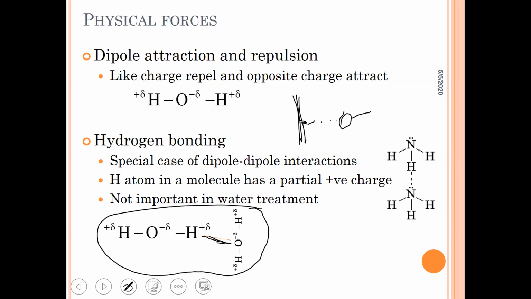If this is the adsorbate and this is the adsorbent, they may have hydrogen bonding, but because water is present in such large quantity, since we are doing water treatment, this hydrogen bonding is not that important.